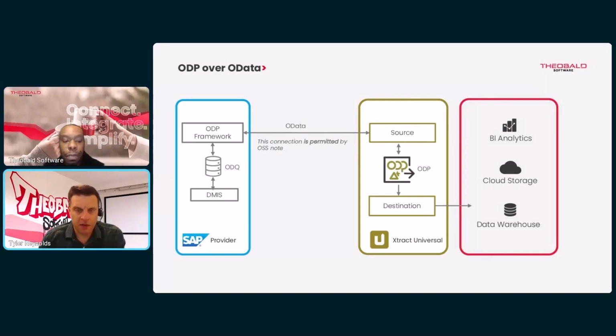Right. So between this and the last slide, we're still going through the ODP framework. That's the component still used in Xtract Universal. Yes, the SAP source is still the ODP framework over an ODQ server. The difference here is how we're querying the data: instead of going through RFC calls, this is now going through an OData connection. Correct.